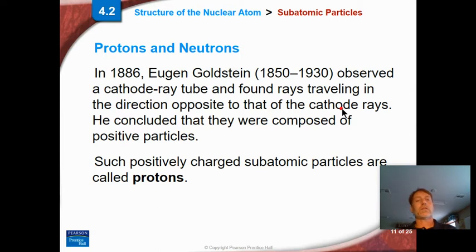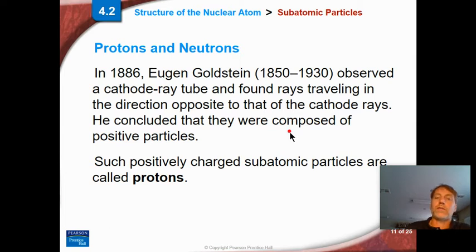Now we're going to talk about the discovery of protons and neutrons. First, protons. In 1886, Eugen Goldstein observed something similar using a cathode ray tube. He found rays flowing in the opposite direction.